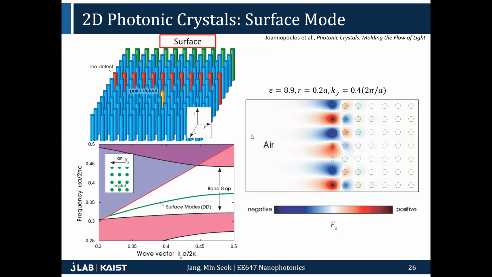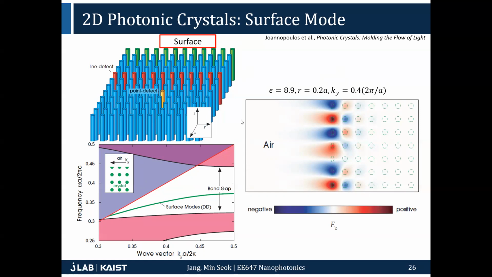Then you can see this green line, which shows the surface propagating mode, which exists outside of the light cone and also inside the band gap. So you can have a propagating surface mode along the interface. And this mode is supposed to have a high k vector.